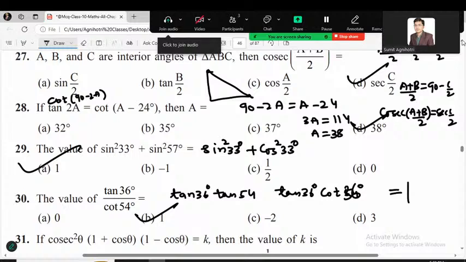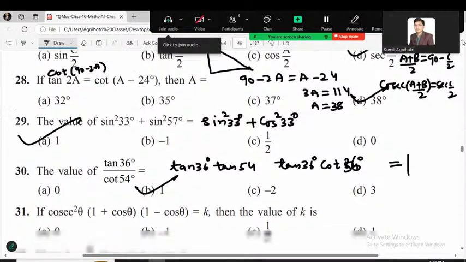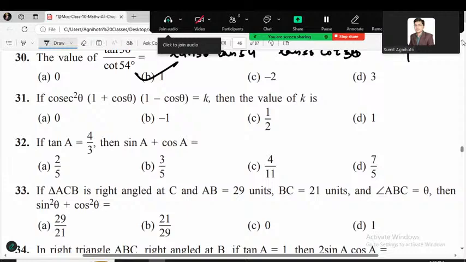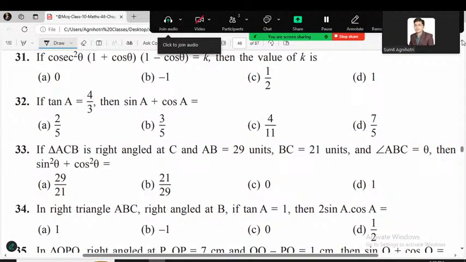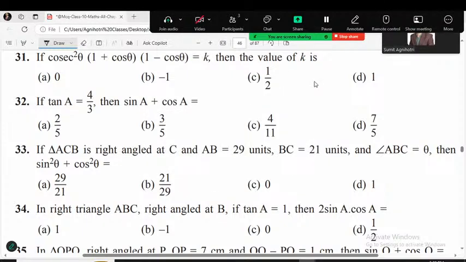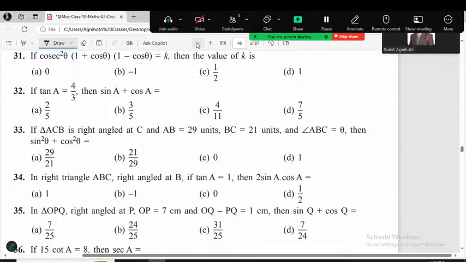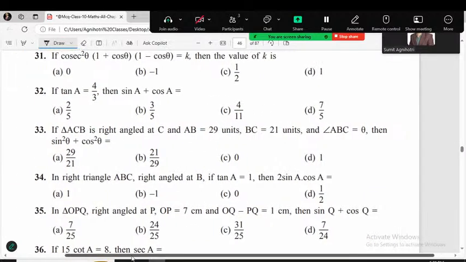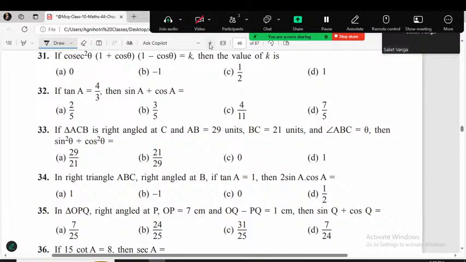Are you okay with all these questions? They all are easy. Now you can take them as your homework. Take the screenshot. Okay, I'm giving you a few minutes to take the screenshot quickly. Do it. Have you taken the screenshot?